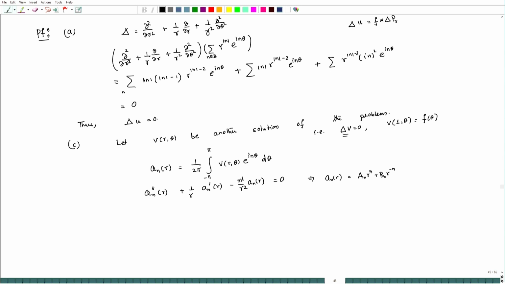Therefore, what we get is that a_n(r) is equal to A_n r^n. Now, if I take the limit as r goes to 1, this is going to be A_n.